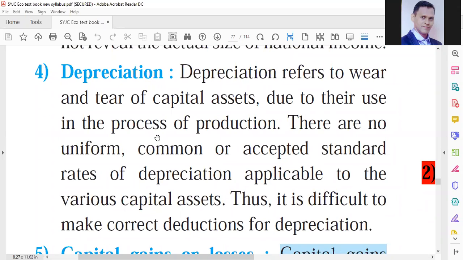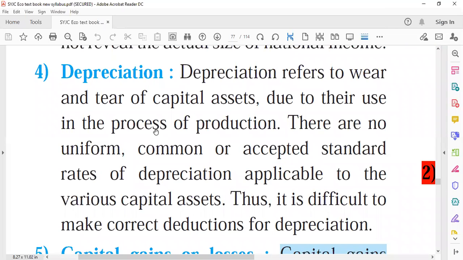Depreciation means wear and tear cost. If we are using any machines or goods again and again, we have to spend some money for maintenance and repairing. This expenditure is called depreciation cost.